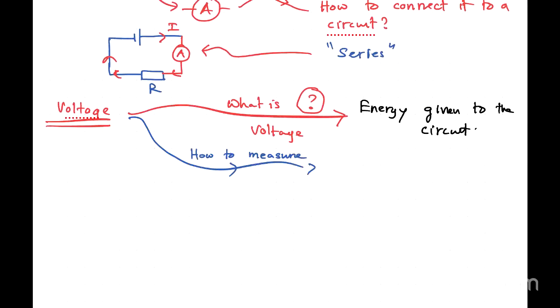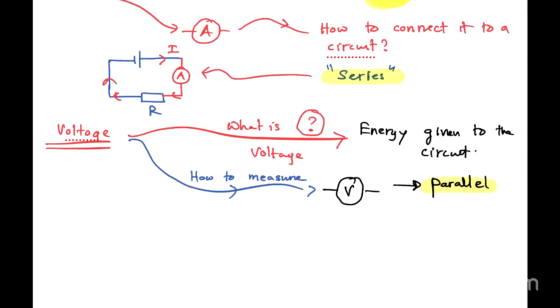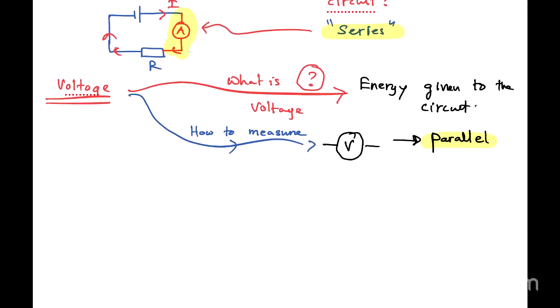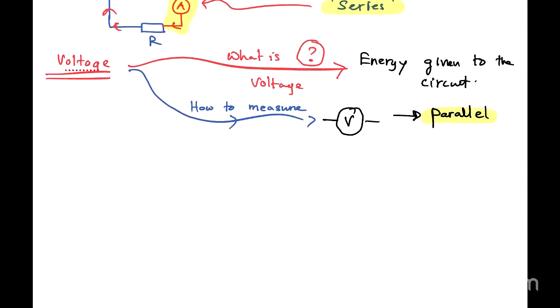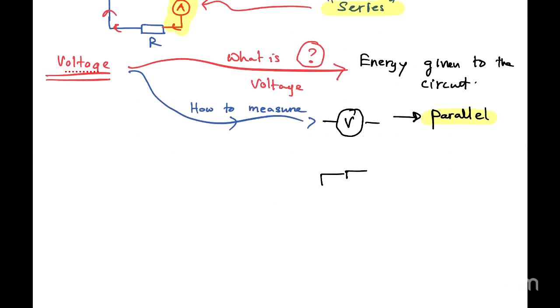In order to measure the voltage, we are using voltmeters, and the voltmeter is going to be parallel to the appliance. In the previous case, the ammeter was in series configuration. Now the voltmeter is going to be in parallel configuration. Just imagine something like this: this is the resistor, here we have the bulb, and this is the circuit system. A circuit is a completed system.